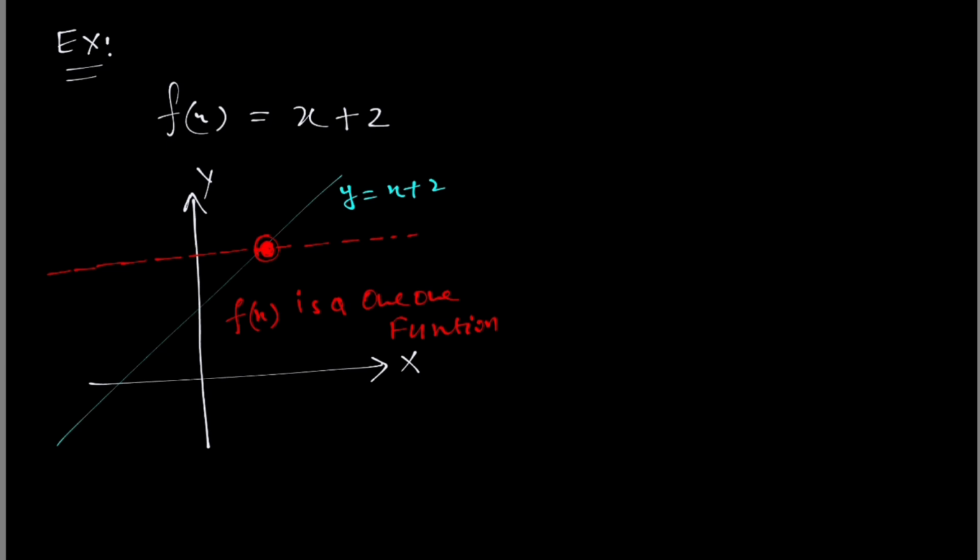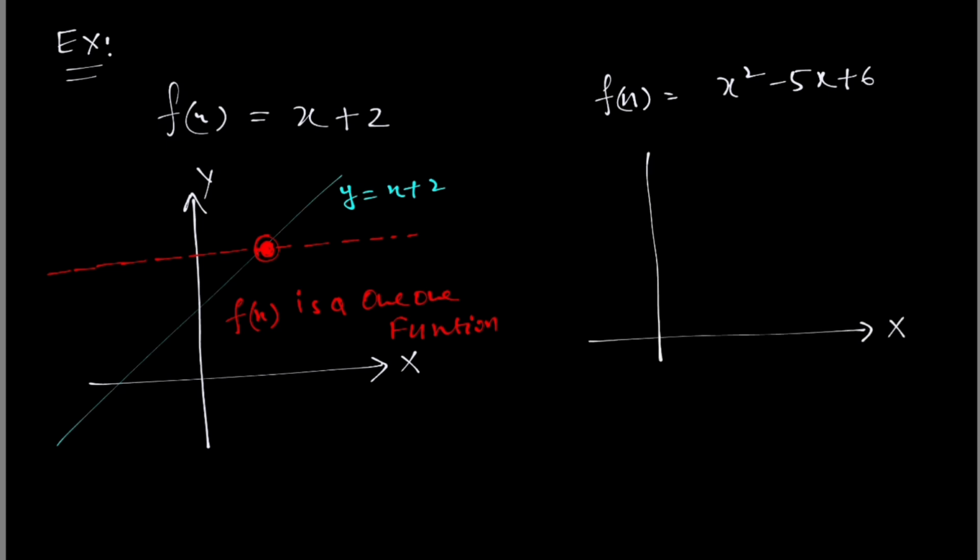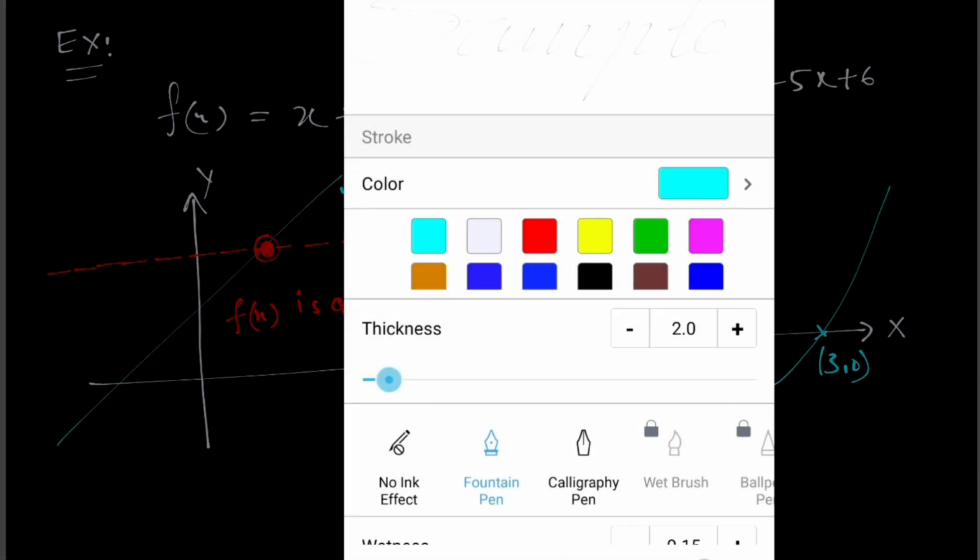Let's say one more equation is given, f of x equal to x square minus 5x plus 6. Here is the x-axis and here the y-axis, and let me draw the graph of this quadratic equation, where the roots come out to be 2 and 3. Let me draw a horizontal line test.